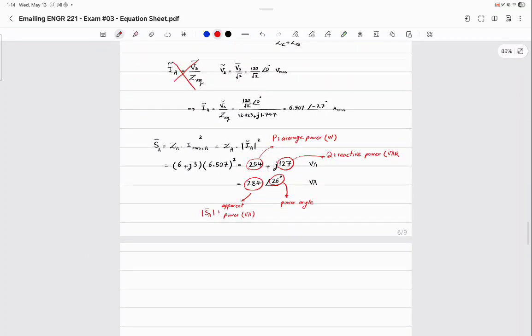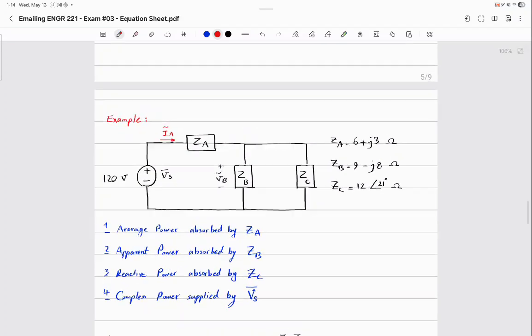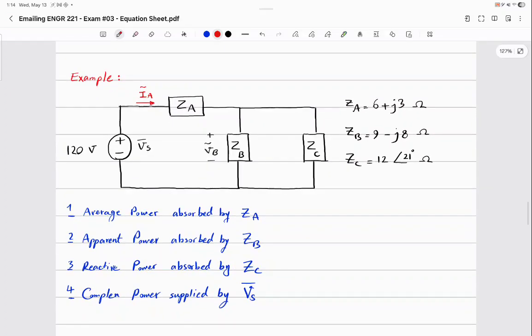Okay, let's go to the next part, which is ZB. What do I do with ZB? Don't forget the apparent term first, okay?